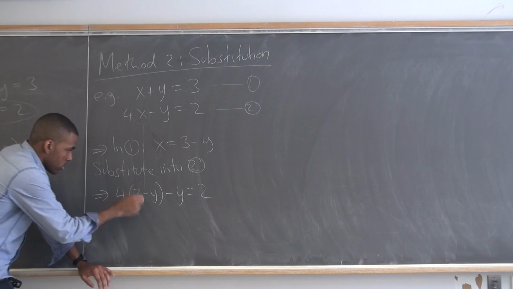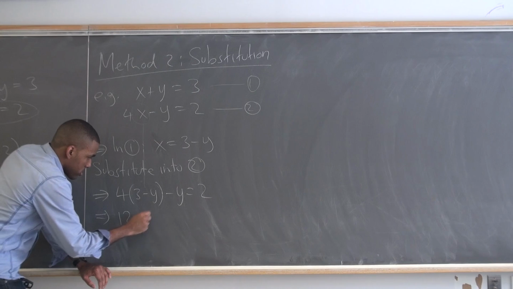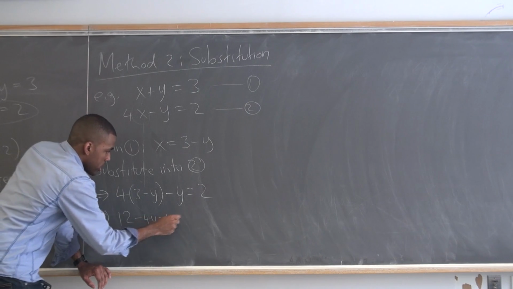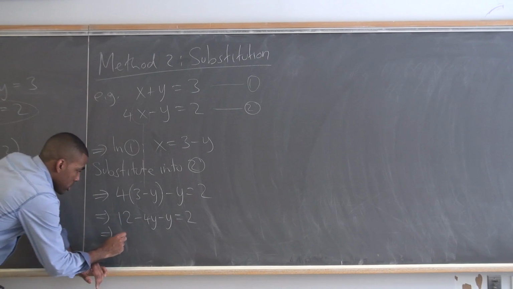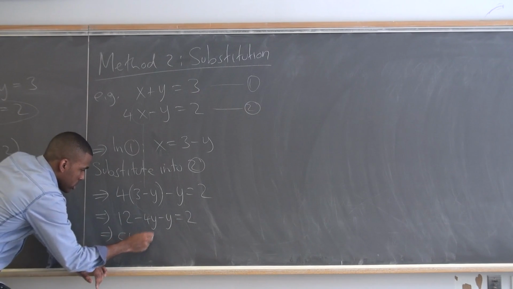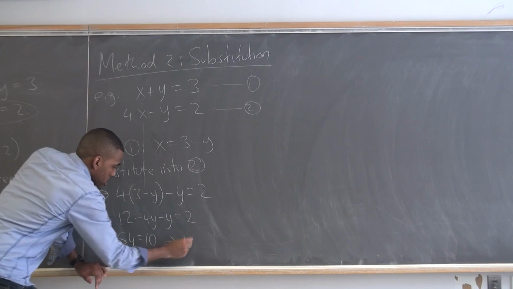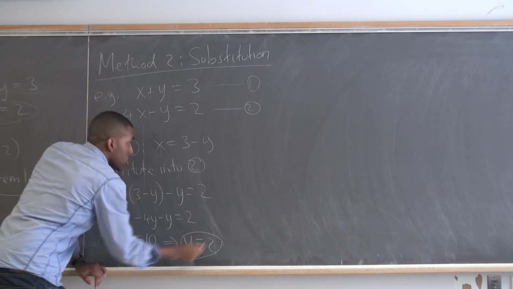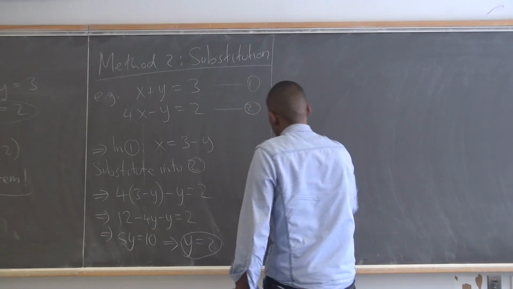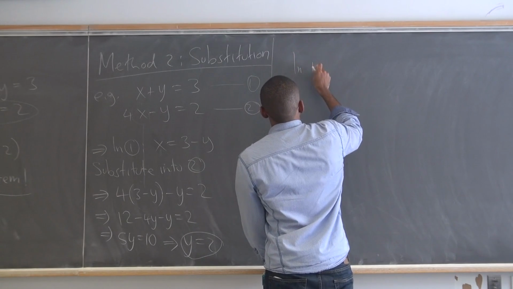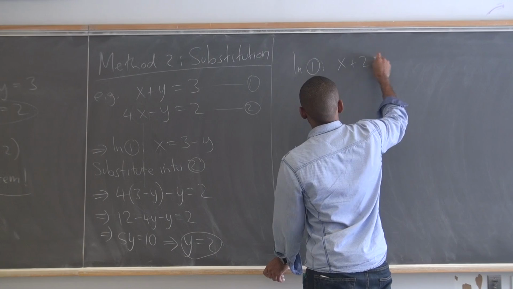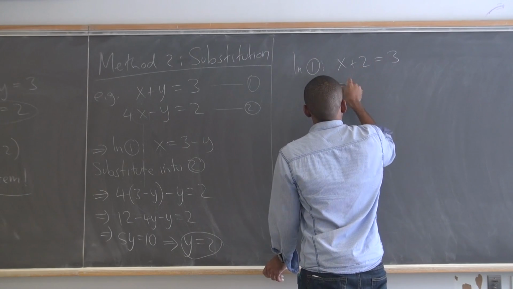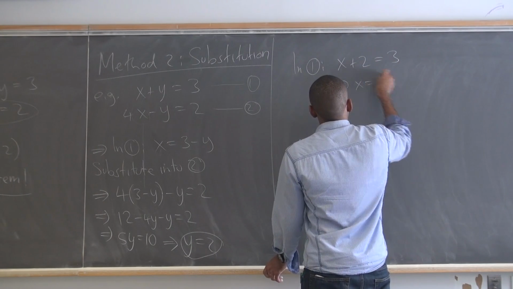This means 3 fourths 12 minus 4y minus y equals 2. So this means 5y equals 10, which means y equals 2. And in 1, this gives us x plus 2 equals 3. This implies x equals 1.